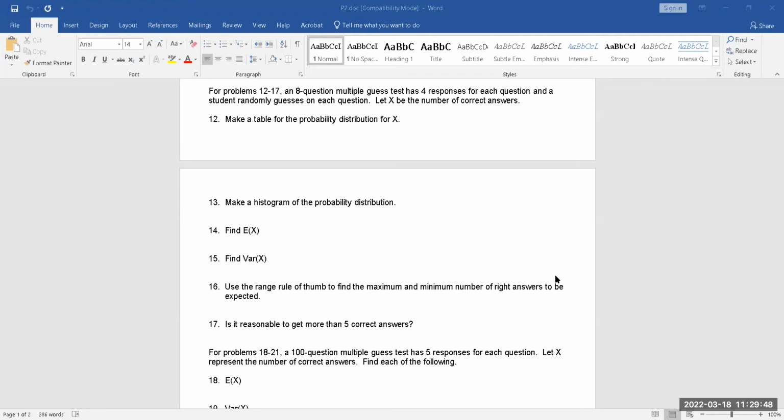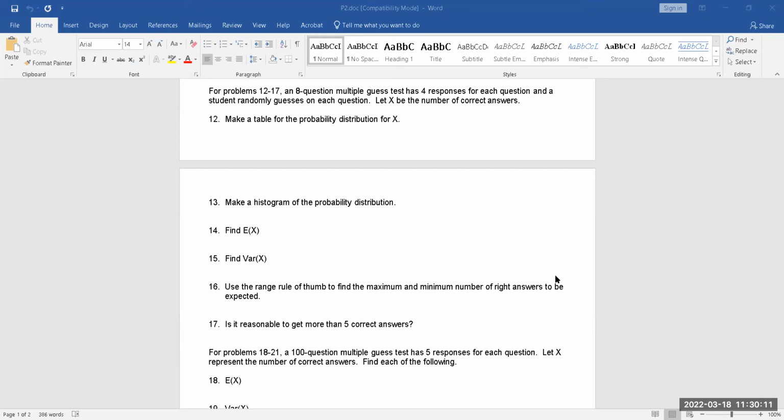Are you going to miss all 8? Probably not, actually. The probability of missing all 8 isn't very good, by the way. That's the next question.